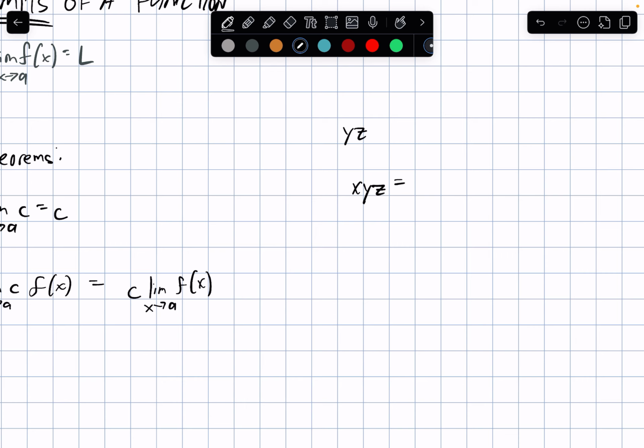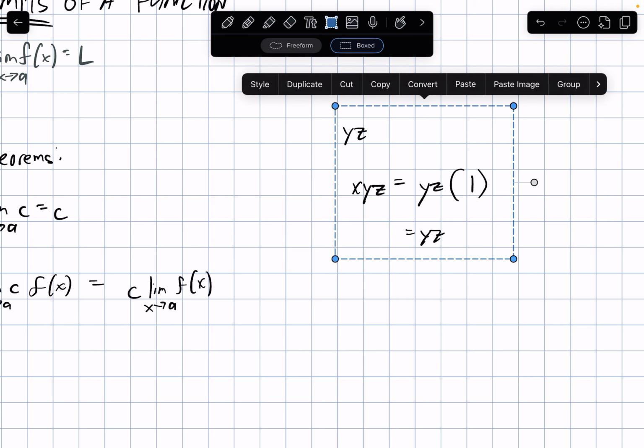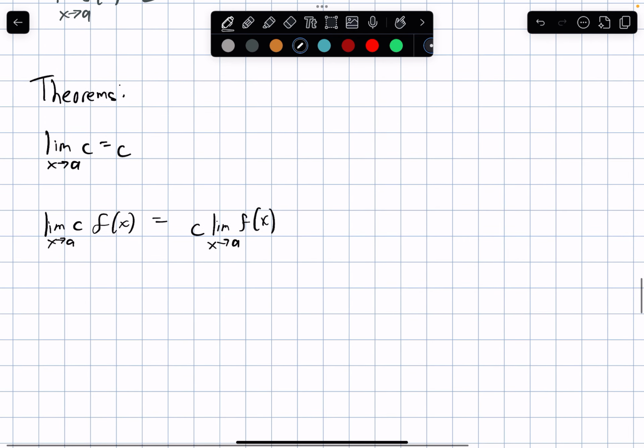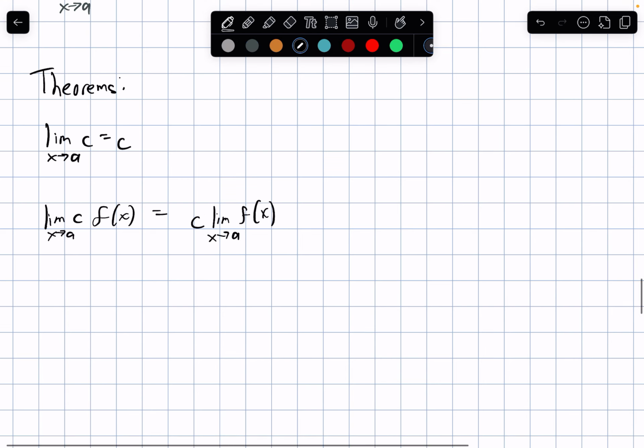So in that case, you put the constants at the left side, and then what you want to derive will be here. In that case, that would be x. Derivative of x is just 1. So the answer is going to be yz. Anyways, partial derivatives is a long way ahead. So applying that knowledge here, you separate the constant and you focus on the function itself, f of x, finding its limit.